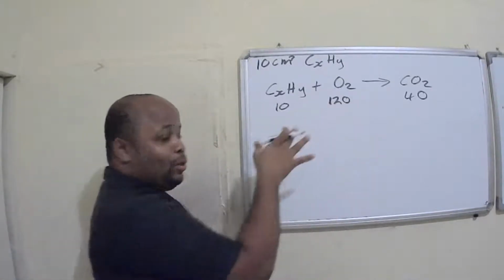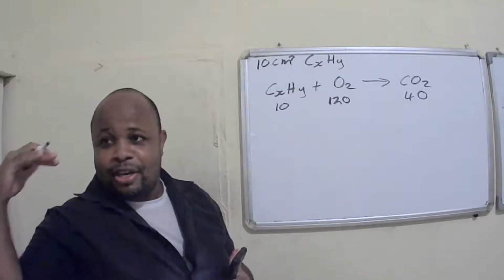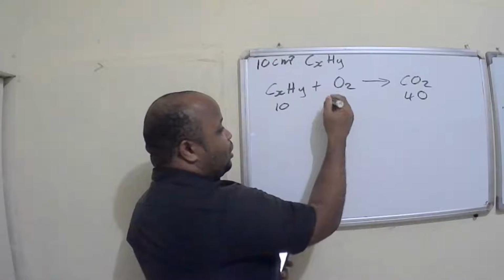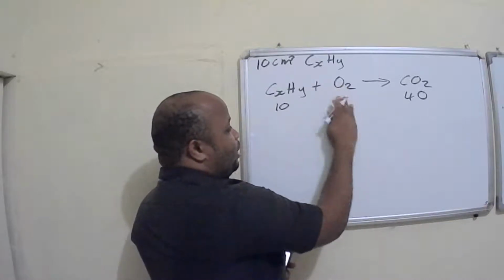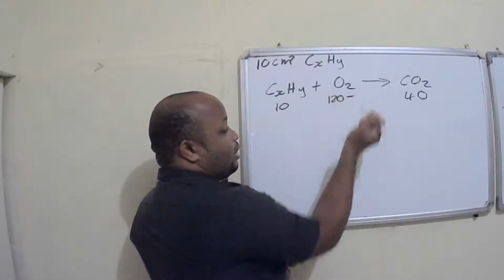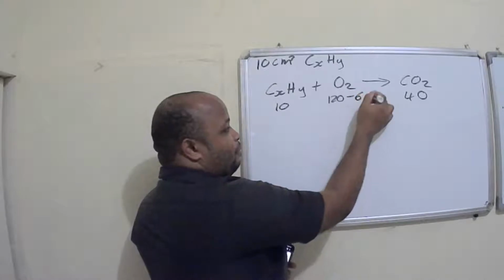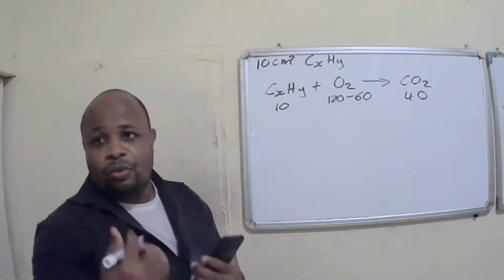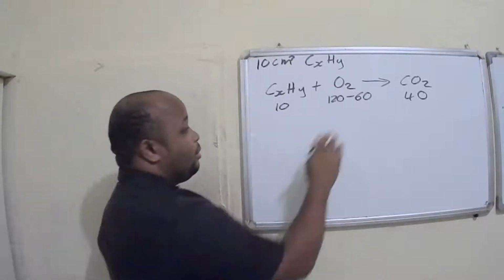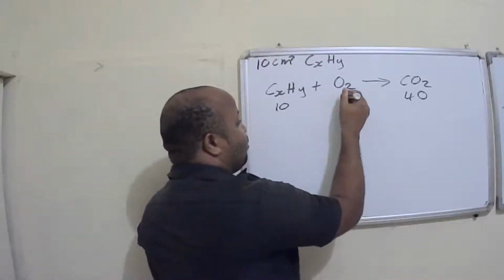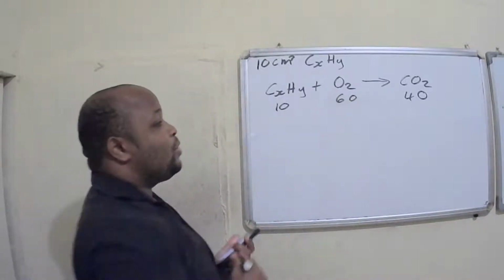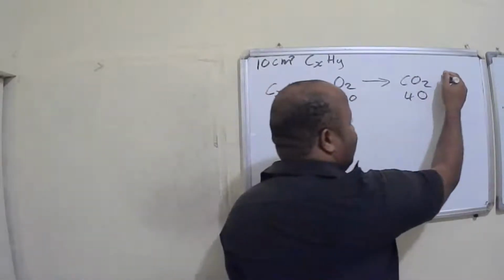All right, so 120, and 60 remains. The total amount of oxygen, you start out with 120 and you leave with 60, so the actual amount that was used would have been 60. Now remember, this is combustion analysis, so you're supposed to get carbon dioxide.